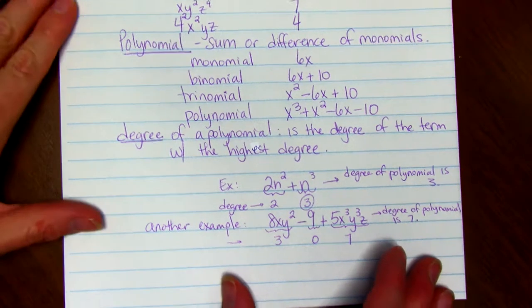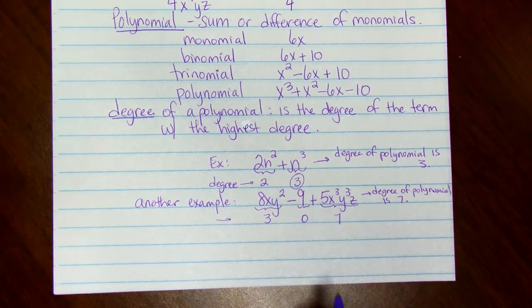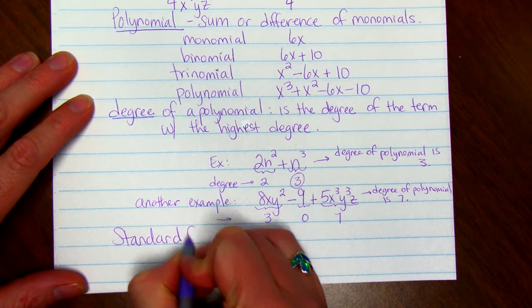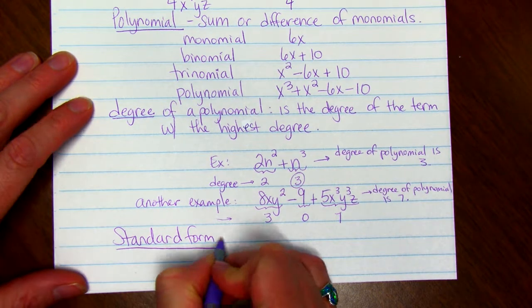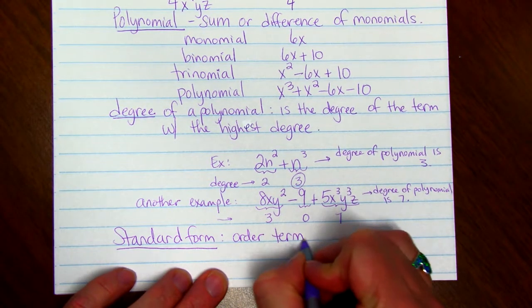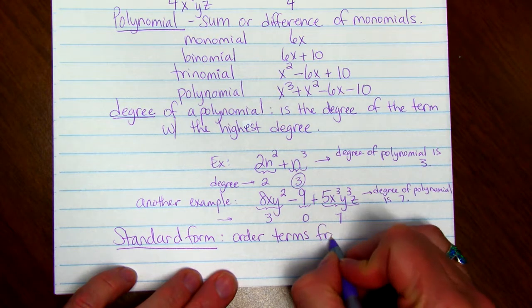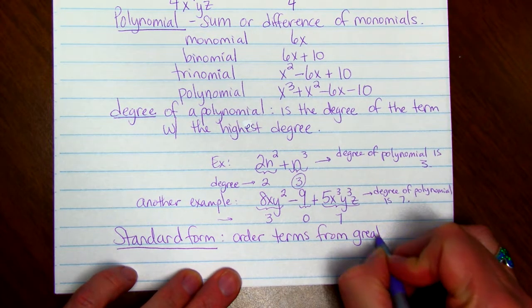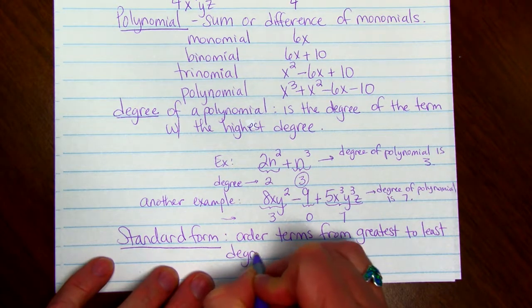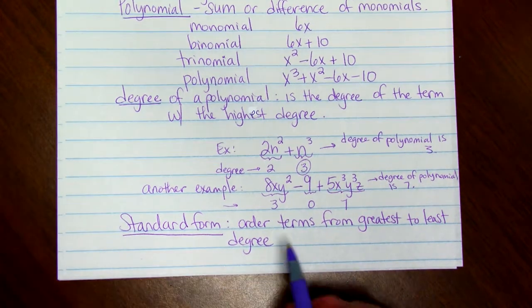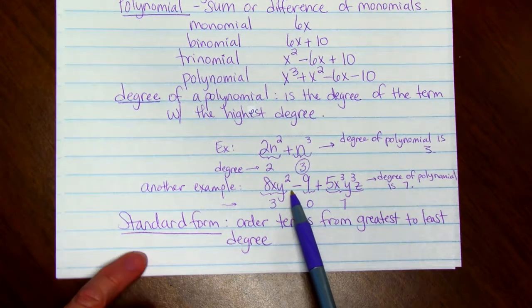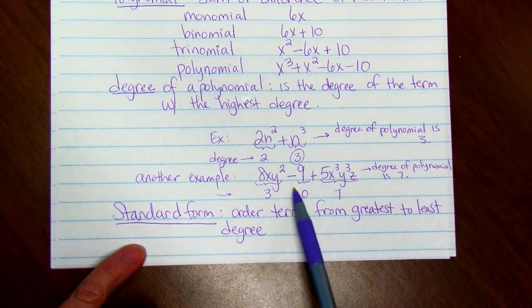Now we can put polynomials in standard form. For standard form, we order the terms from greatest to least degree. Let's use the polynomial from the example above.